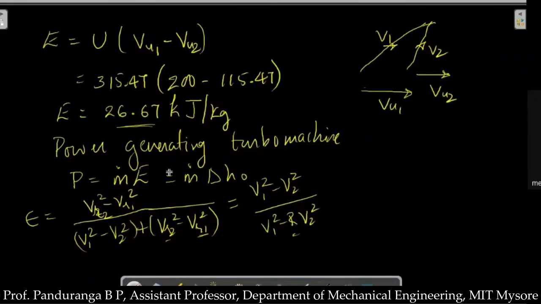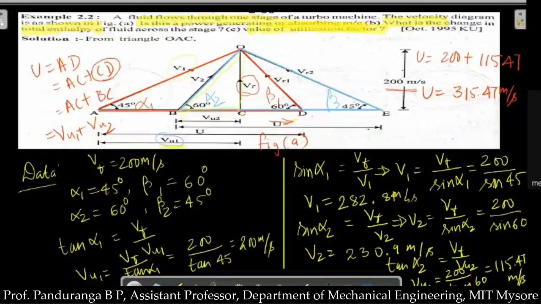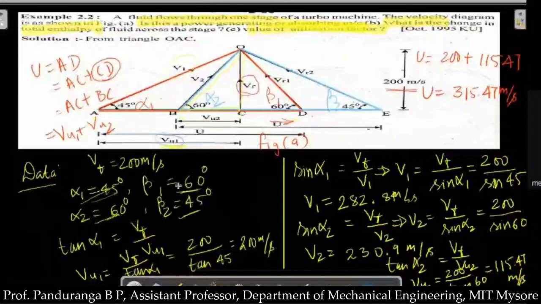And if you look at the velocity triangle here, alpha 1, which is 45 degree, is equal to beta 2, and alpha 2, which is 60 degree, is equal to beta 1. If you remember the theory part, there we had discussed a special case in reaction turbine, which we called as 50% reaction turbine.